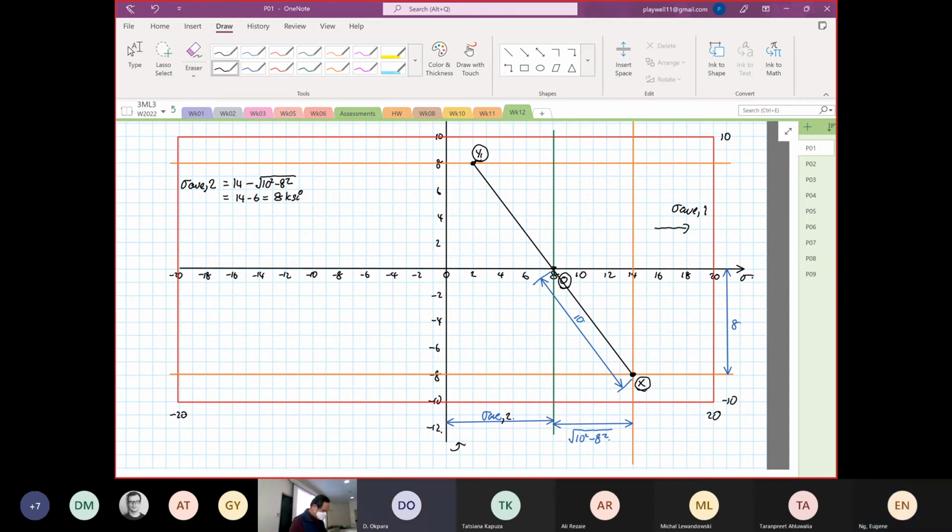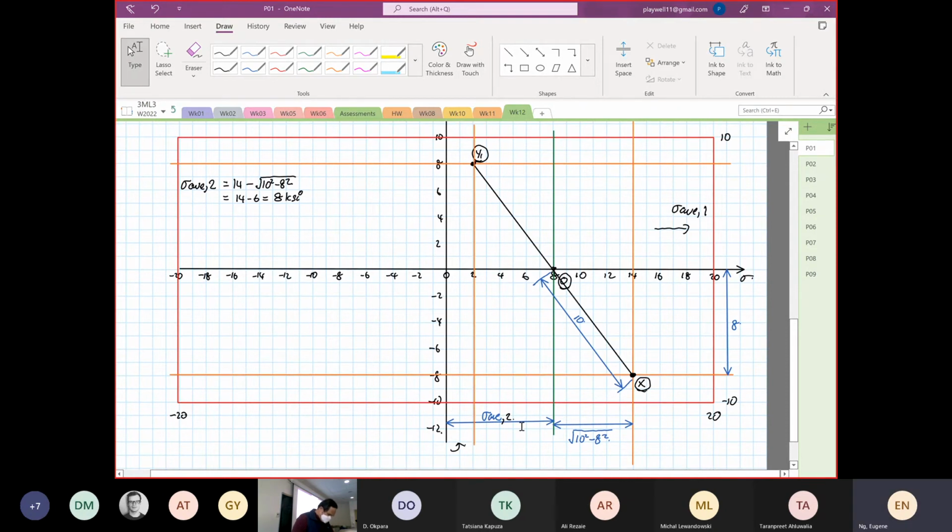Okay? Okay. So that is our point Y. So in order to find our point Y, I'm going to draw a point Y. This distance from here to here, this distance from here to here, is also equal to what?